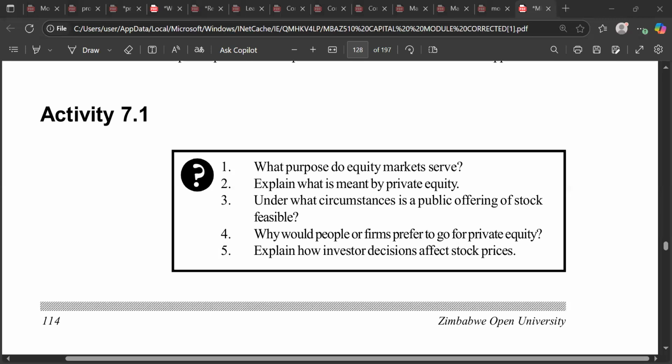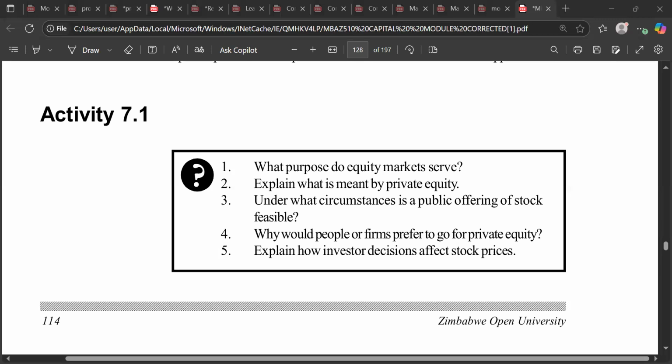Investors are able to buy and sell shares easily, which gives them confidence to invest since they can exit their positions when needed. Thirdly, the valuation purpose. Share prices reflect investors' perceptions of the company's future earnings, so the markets provide a real-time valuation for firms based on supply and demand.